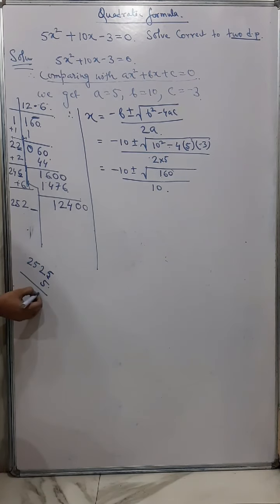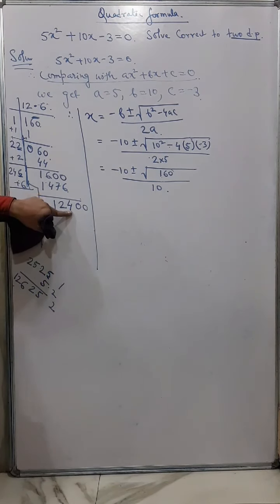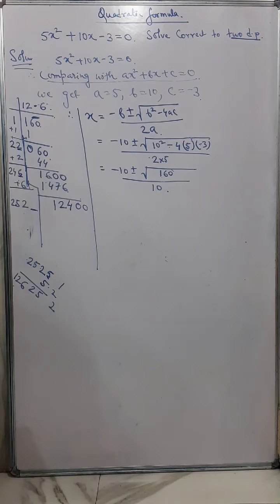So what I get? 5 5 is 25, carry 2, 10, 11, 12, carry 1, 5 5 is 25 plus 1, 26, carry 2, 10, 11, 12. I am getting what? Again I am getting 1 2 6 2 5. So 1 2 6 2 5, I am getting more. So what should I do?